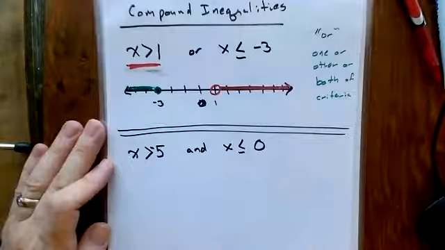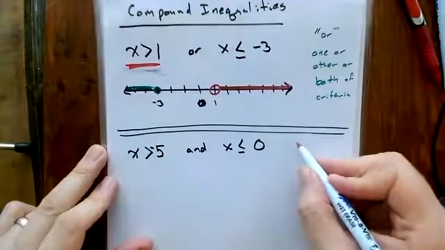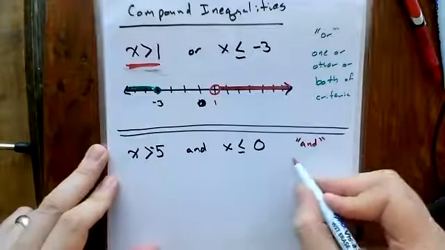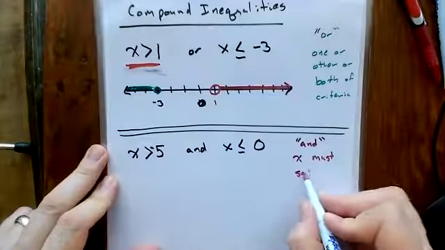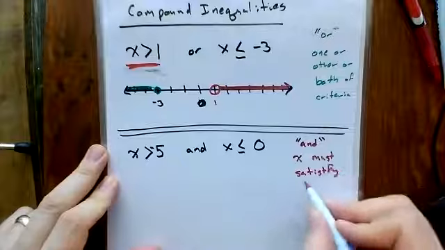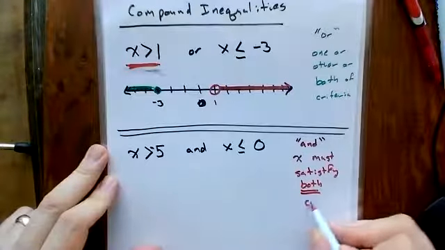This is where, when I use the word and, this means that x must satisfy both criteria.